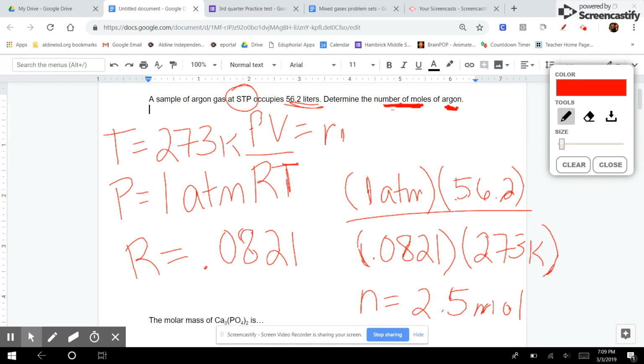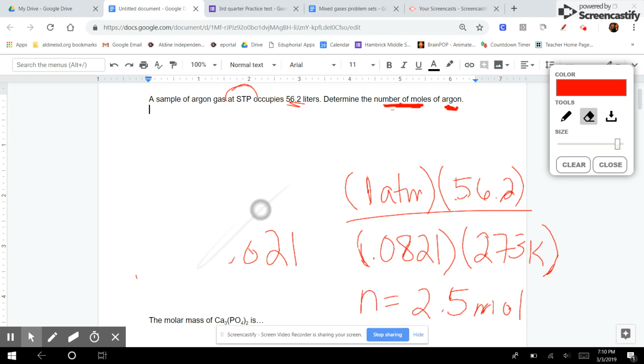Okay, there's also another explanation for all this that I'd like to share with you. There's another way you can do it. This is the more advanced way. If you have a really good understanding of what we've been doing in chemistry, then you're going to get this explanation as well.